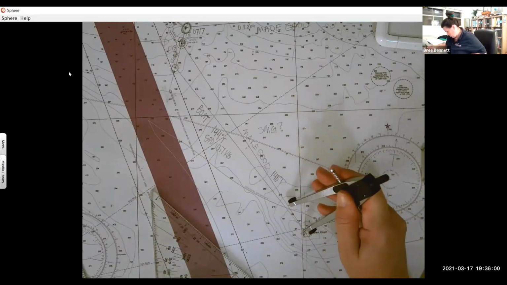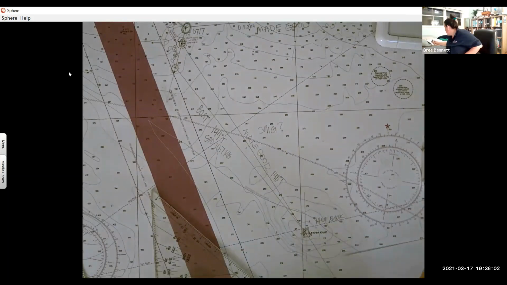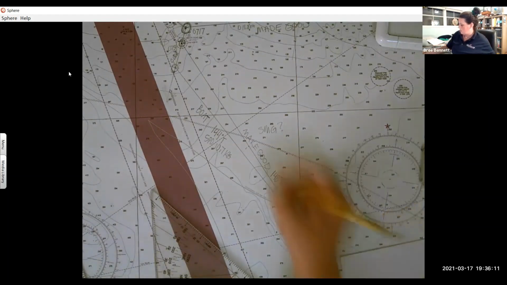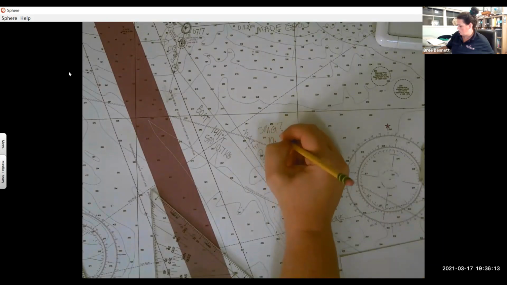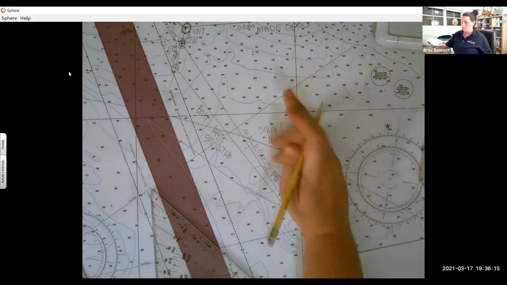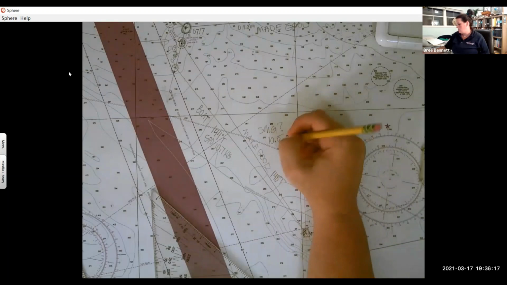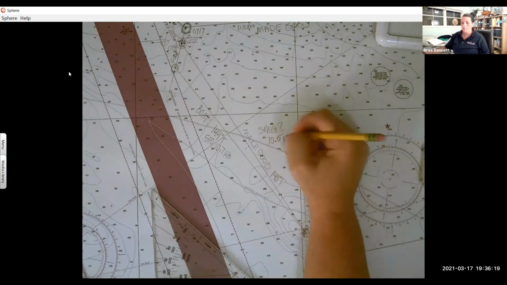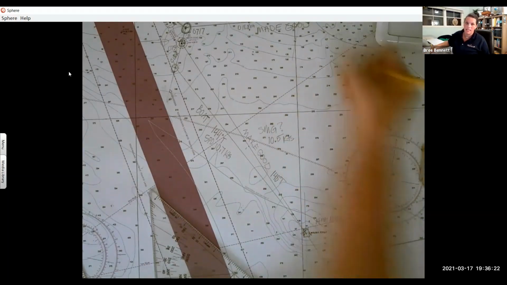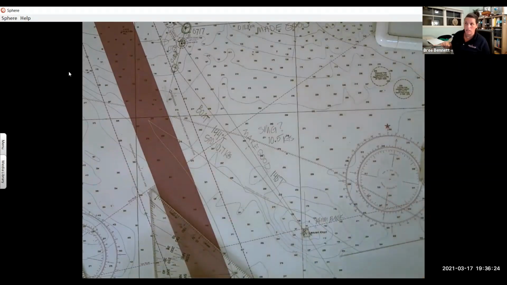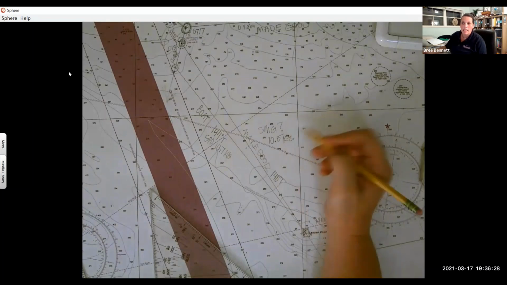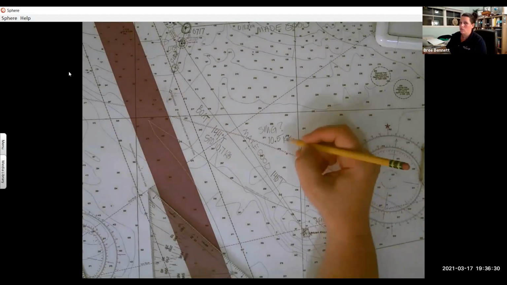I'm lost. 10.5. So not too big of a difference of speed. It was 10.5 nautical miles, and because this is an hour triangle, 1 hour, I can easily convert my 10.5 nautical miles to speed.